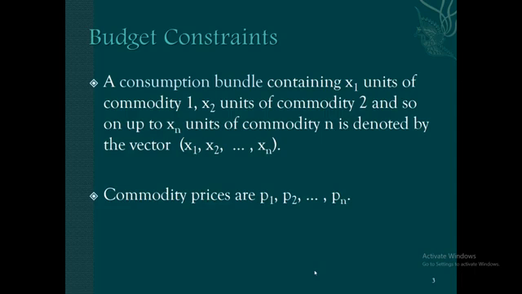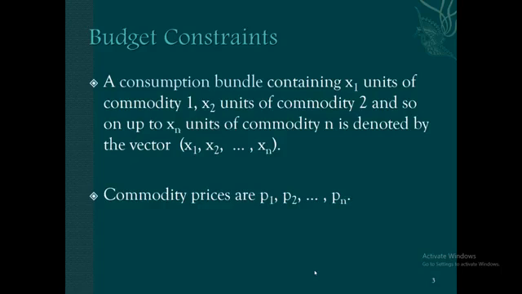Now, x1 to xn are the quantities of units in the bundle, right? And you also have a corresponding price for each, like p1 is the price for x1, p2 for x2, p3 for x3, etc., pn for xn. So you have a corresponding vector which is called a price vector.